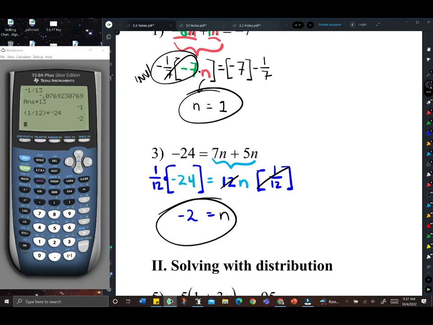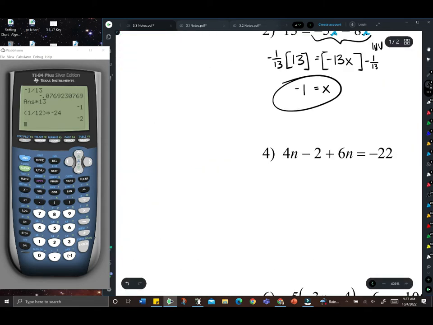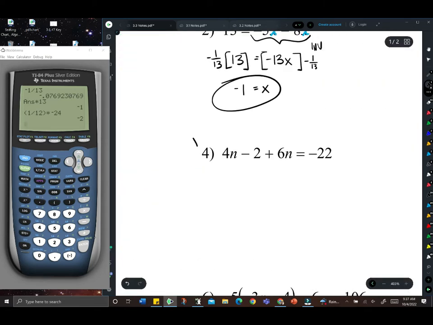Okay, now everything so far, they've all been like terms. Number 4, a little bit different. So with this one, the like terms we add together are the 6n and the 4n. 6 plus 4 is 10n. The negative 2 is its own little thing. But now we just have a two-step equation from there.